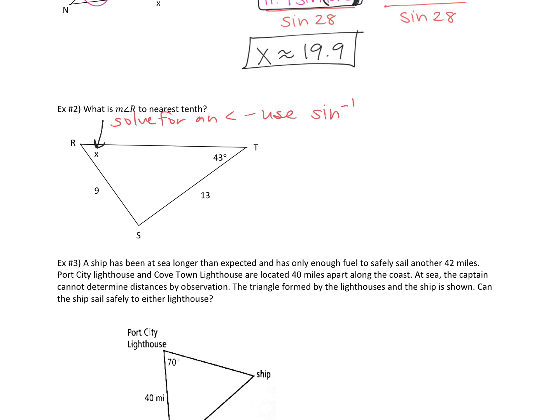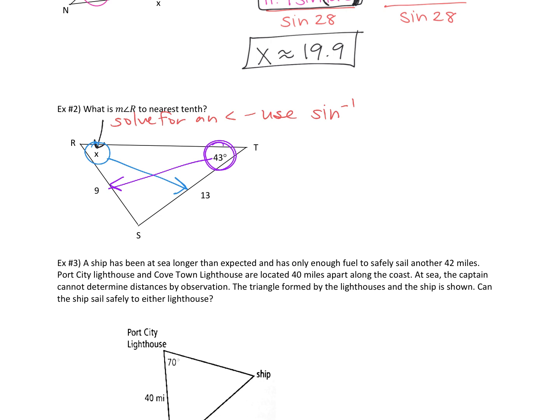Okay, so look at your triangle right now and ask yourself, can you even use the law of sines on this? So remember, law of sines says you go from an angle to the side across from it, and then from an angle to the side across from it. Do you have all but one of those numbers? Yes, that's when you know you can do it, okay? Because we have the unknown, so we're going to solve for that unknown, but we're going to set this up.